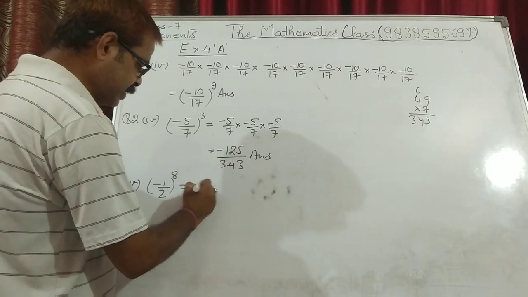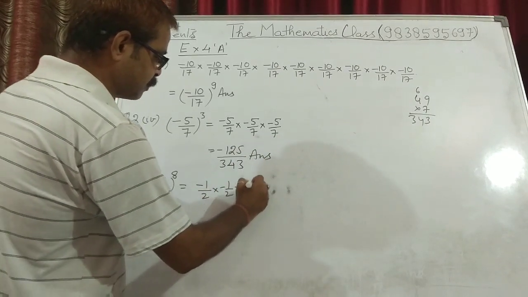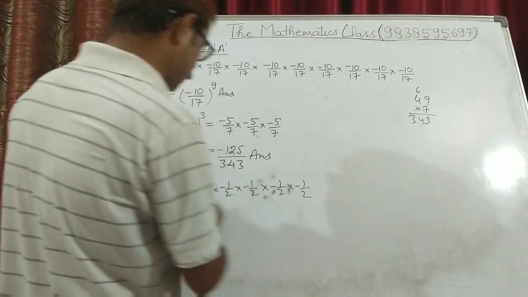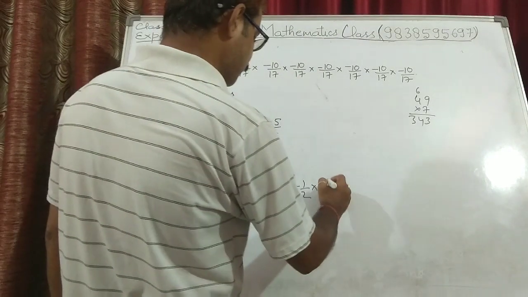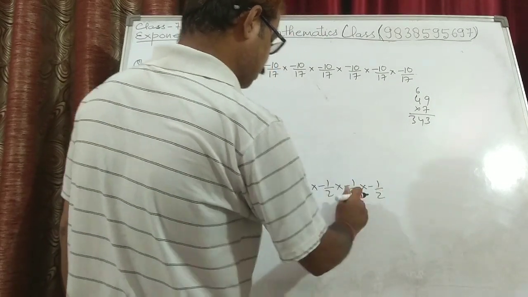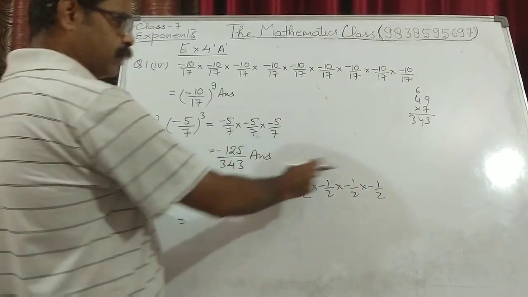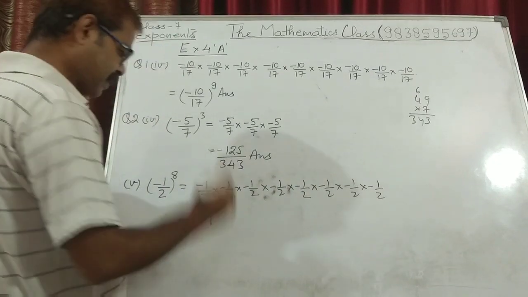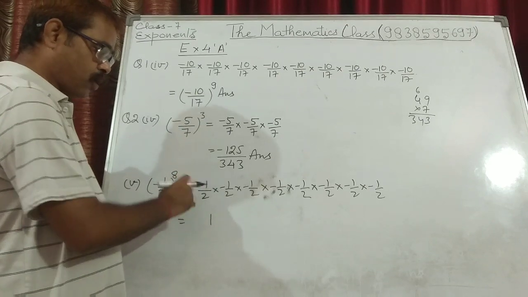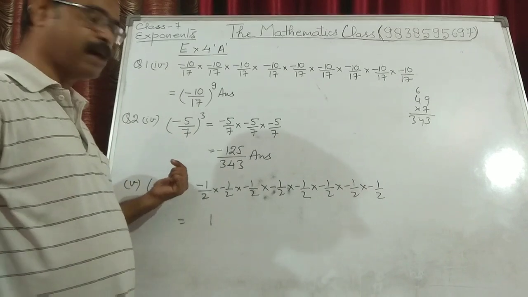It means minus 1 upon 2 into minus 1 upon 2 into minus 1 upon 2 into minus 1 upon 2 into minus 1 upon 2 into minus 1 upon 2 into minus 1 upon 2 into minus 1 upon 2. 1, 2, 3, 4, 5, 6, 7, 8. Now 1 into 1 into 1 into 1 will always become 1 only. When we talk about the minus sign, since the power is even, all the minus signs finally will become plus, because the power is even.